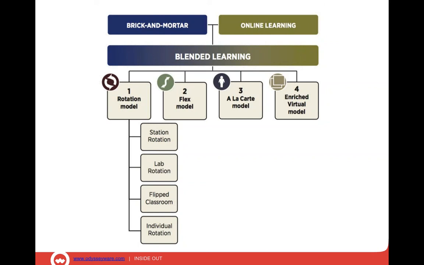Many elementary teachers, and I was an elementary teacher myself, know a lot about the rotation model, station rotations especially, where students go from table to table in a classroom and have a different experience. The flipped classroom is simply a rotation model, but rather than going table to table, the student uses the home as their second table before they come back to the traditional classroom. So that's really, in a simplified nutshell, what a flipped classroom is.